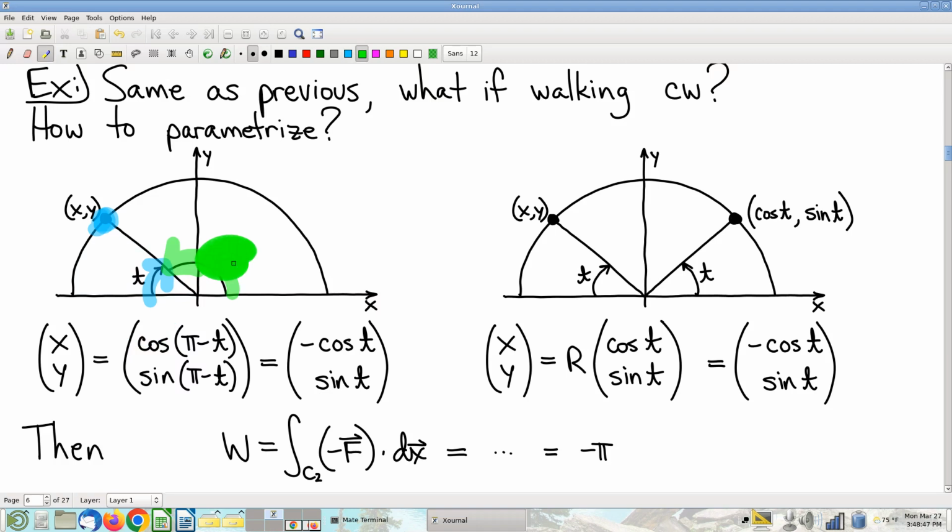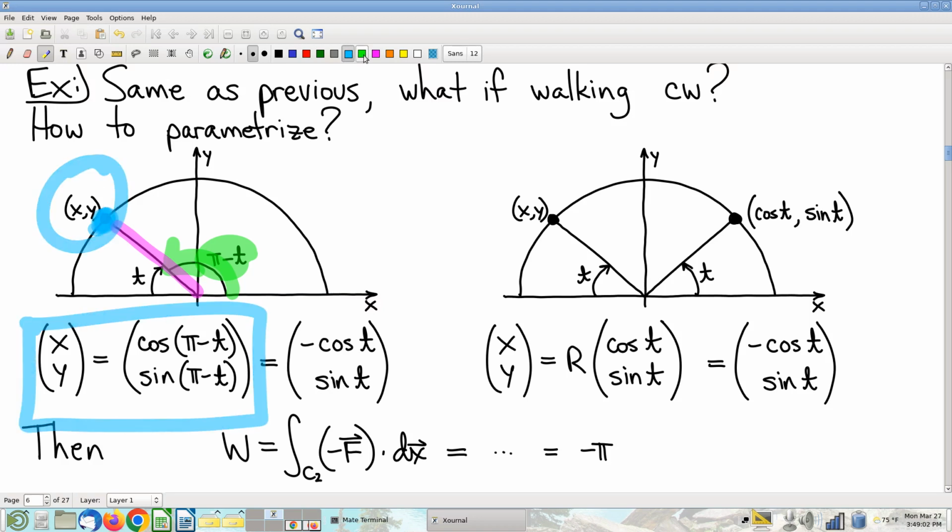There you go. Pi minus t is theta. And with pi minus t noted, and keeping in mind that r is equal to 1, I can just immediately write down that this point, x comma y, is cosine theta comma sine theta. Just make sure that you actually put theta in there, not t.